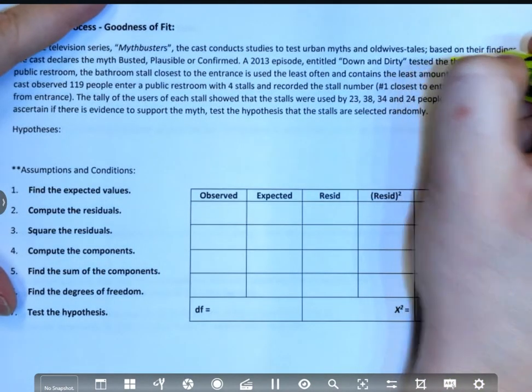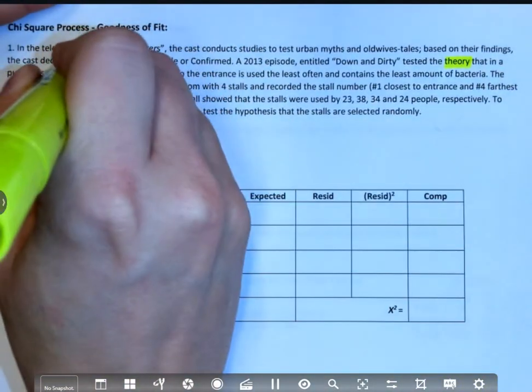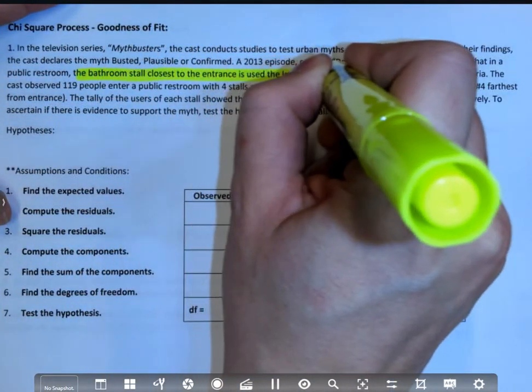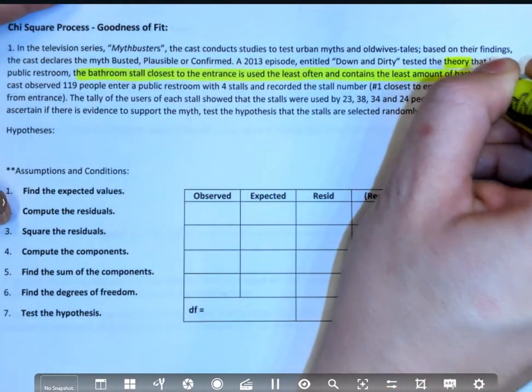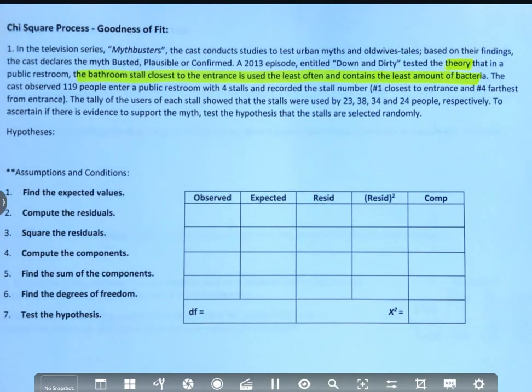So we have a theory that the bathroom stall closest to the entrance is least used and therefore contains the least amount of bacteria. Do you understand what I'm talking about? So we're talking about what?